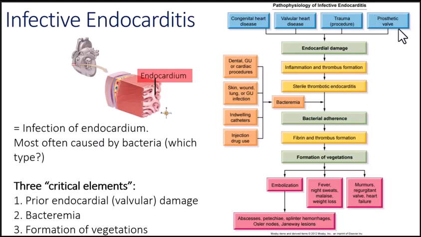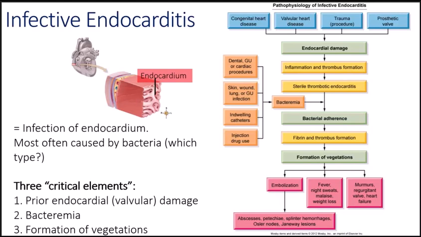And what's interesting is that there is an increasing incidence in North America of infective endocarditis because of the increase in implantation of prosthetic valves. So once endocardial damage occurs, it exposes the endothelial basement membrane.